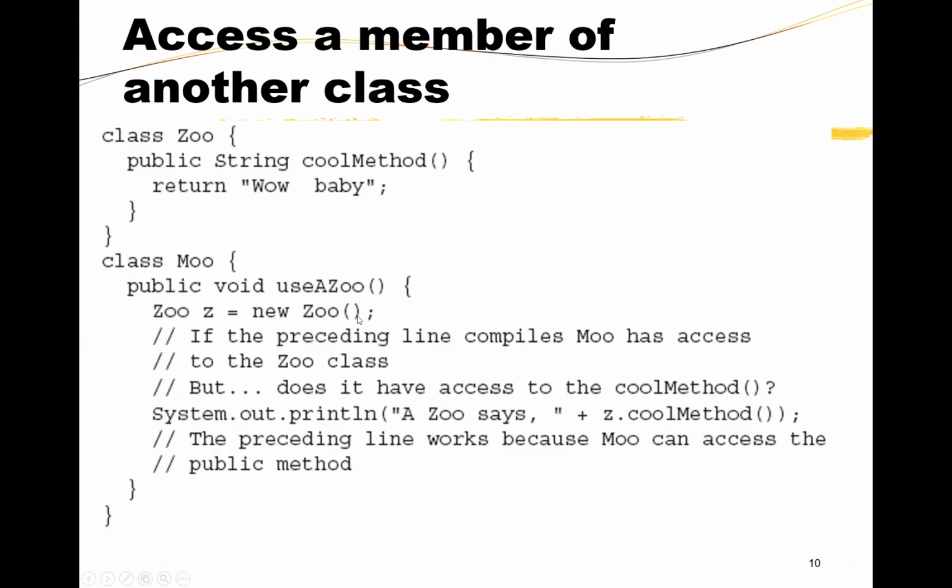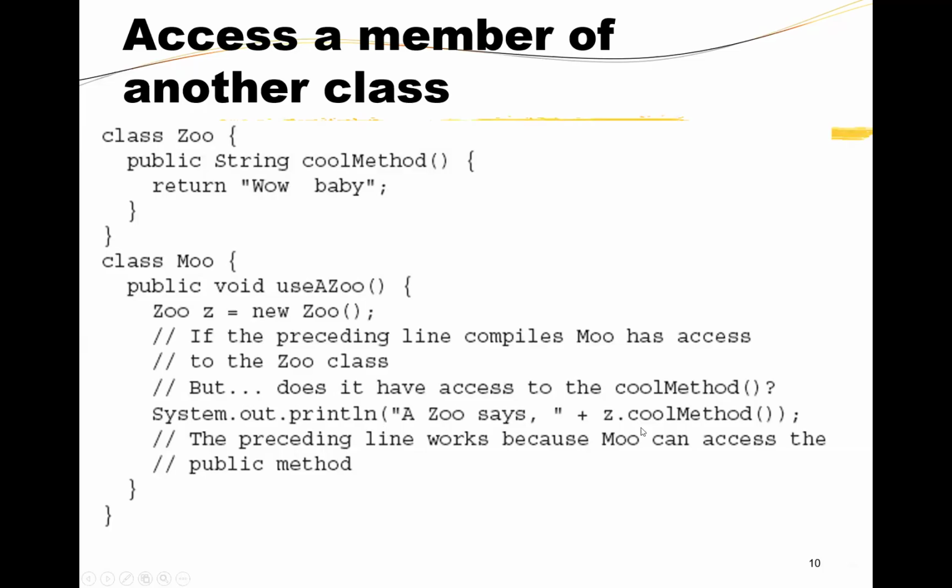So this line compiles because Mu can create a Su object. After that, we try to access the cool method. Even if it doesn't need to be a public method because of package level access, when you print and call the cool method, it will return wow baby.